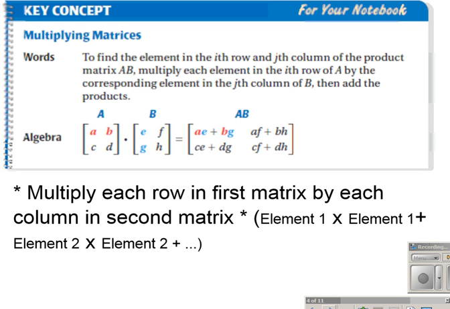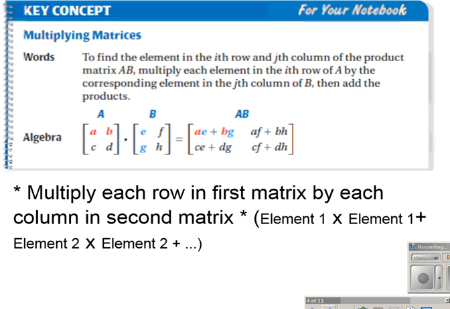Now we're going to look at how you actually do the multiplication. It's a little bit more complicated than adding and subtracting. We cannot simply multiply corresponding elements because the two matrices might not be the same size, which would mean we might not have an equal number of corresponding elements to multiply.